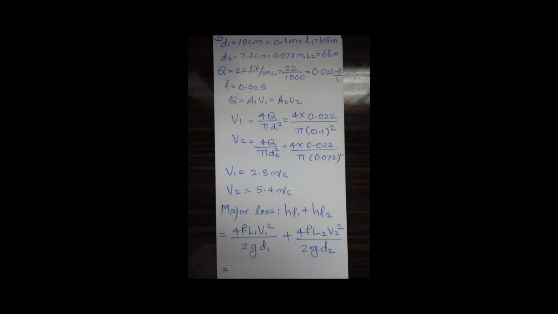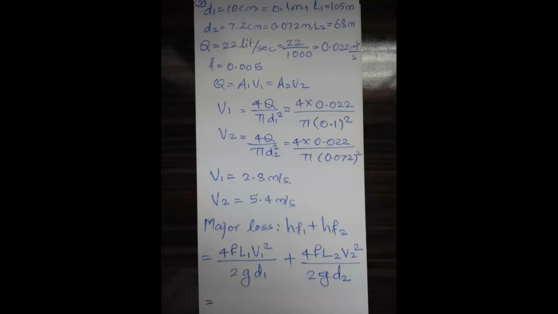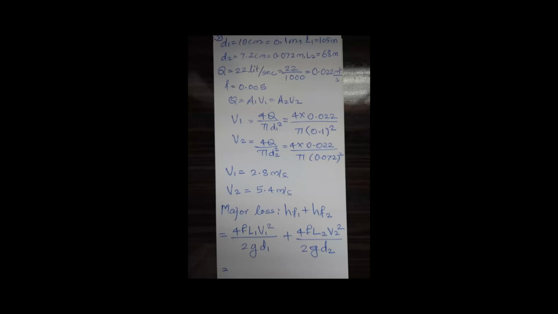Now you know all the parameters. Now you know L1, V1. You also know D1 and D2. Now simply tell me what is the major loss in this pipe. First calculate for HF1. Substitute all the values in the formula and find out HF1, HF2.